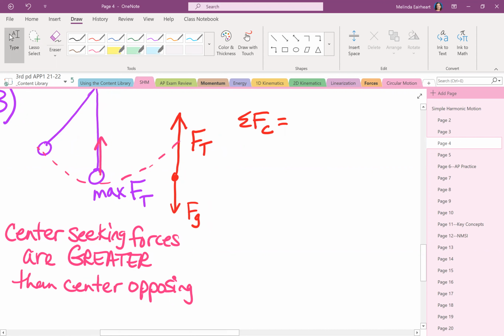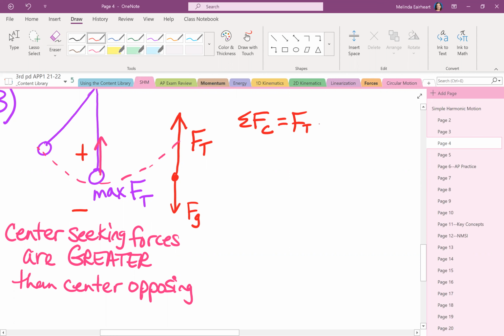How would I sum the forces? Do y'all remember? Is it up minus down? Is it right minus left? For circular motion, it's center seeking minus center opposing, because our direction towards the center is positive, away from center is negative.